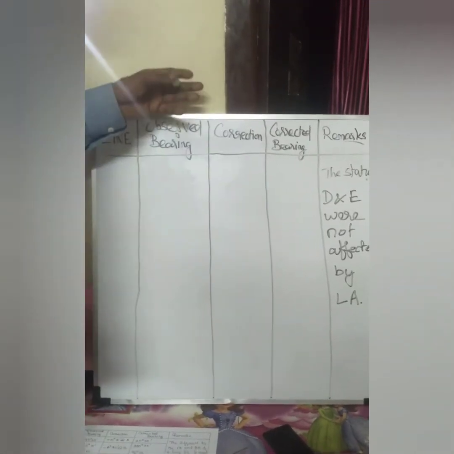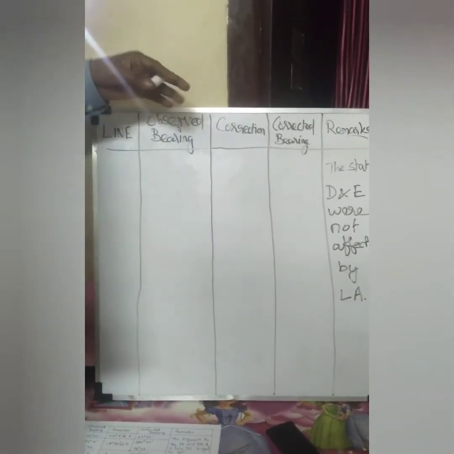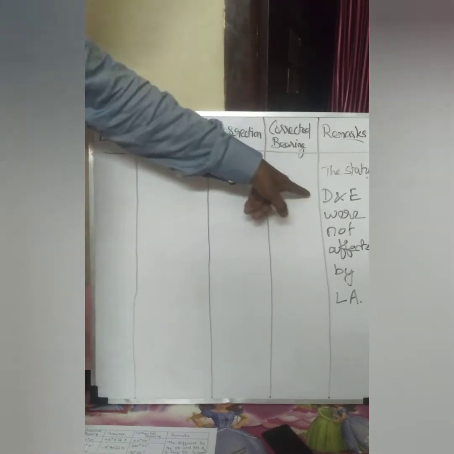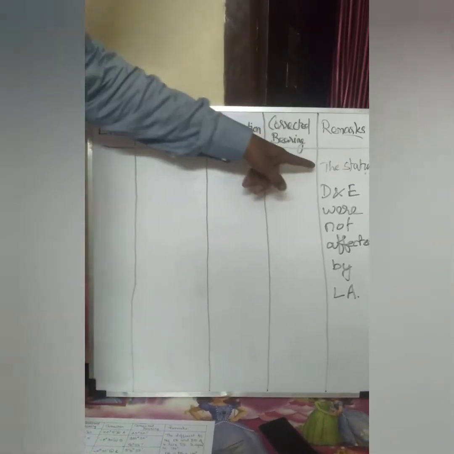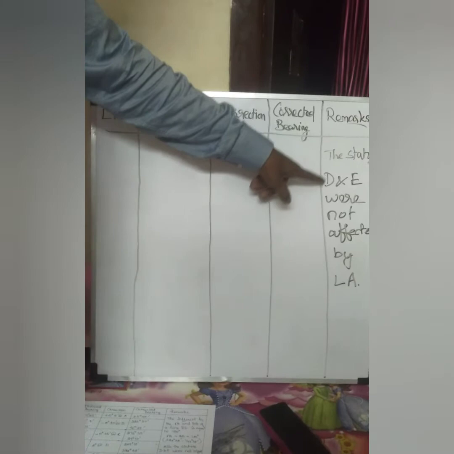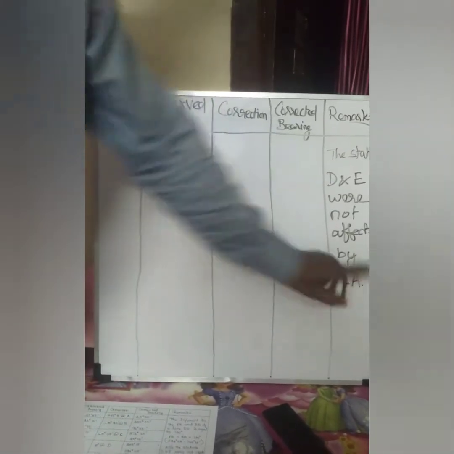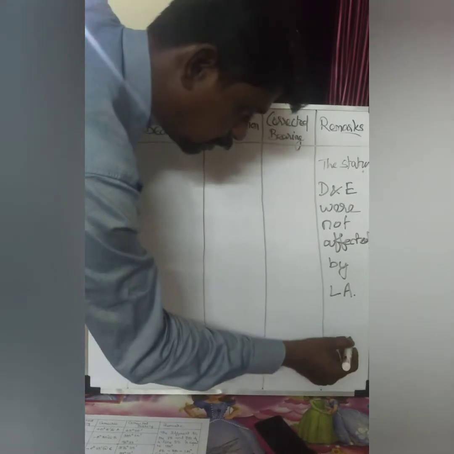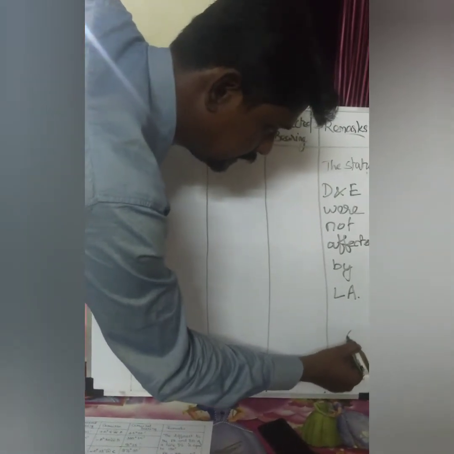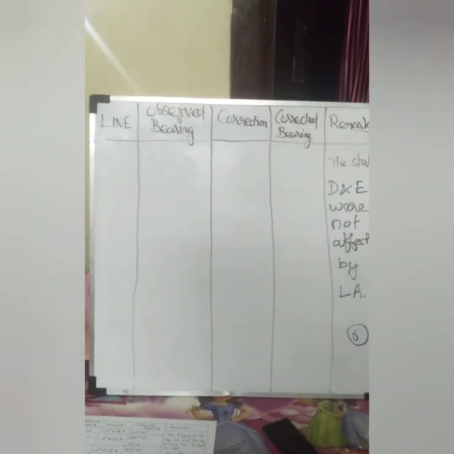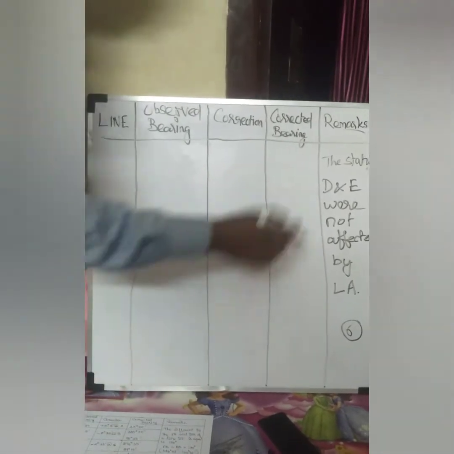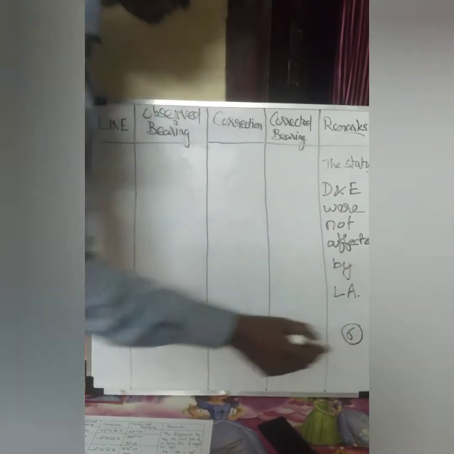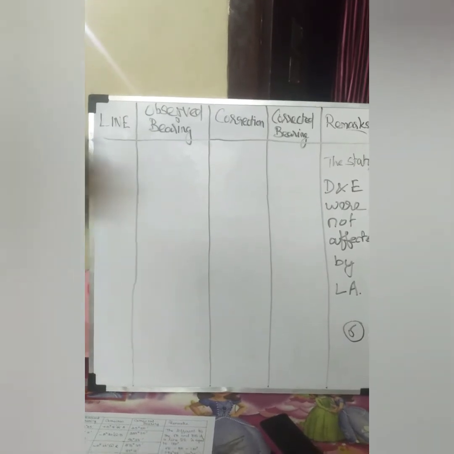This is the last step we discussed. So from the above discussion, we can conclude the stations D and E were not affected by the local attraction. Up to this step, the correction pattern can get 6 marks alone. Out of 16 marks, up to this first step we can get 6 marks for this conclusion.